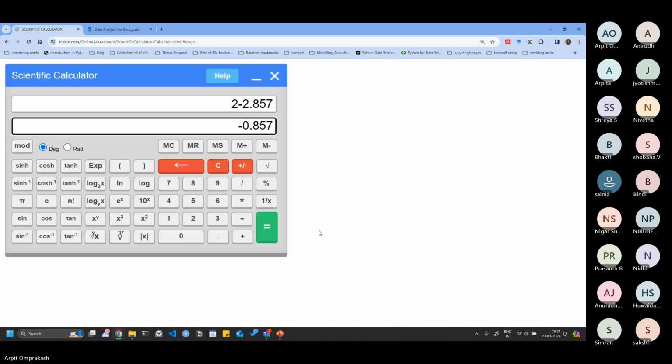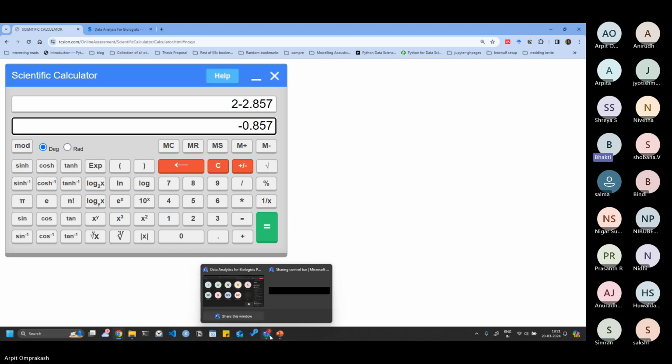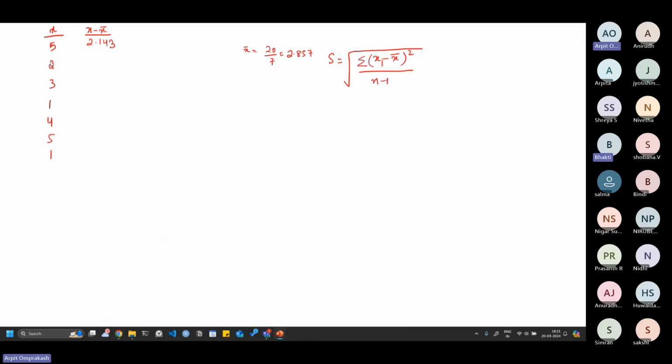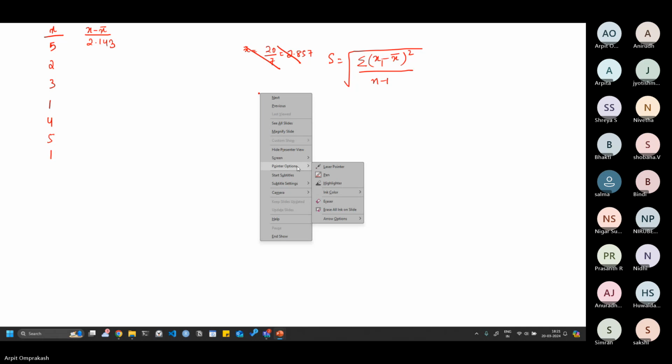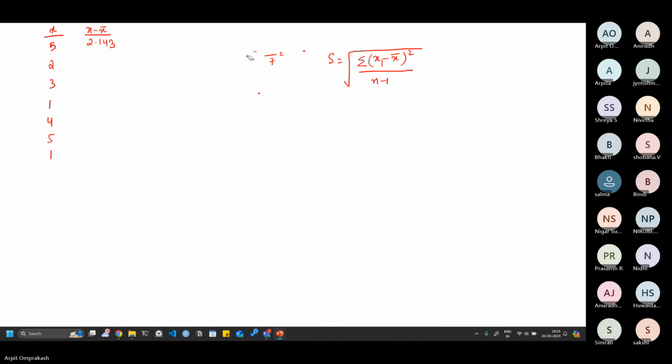Yeah, the total would be 21, right? Not 20. Let me check: 5, 7, 10, 11, 15, 20, 21. Okay, it'll be 21. Sorry. So x bar is basically 21 divided by 7, basically 3.